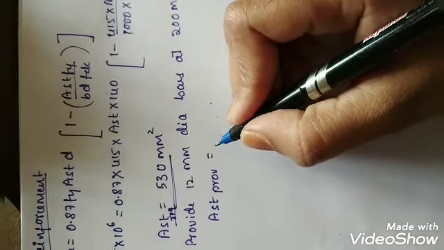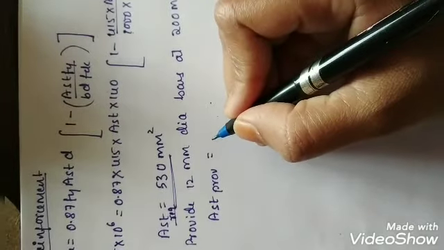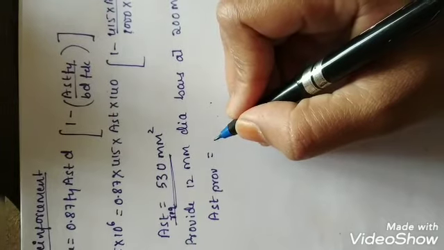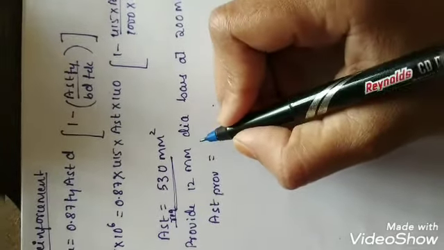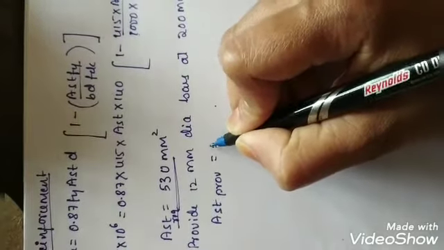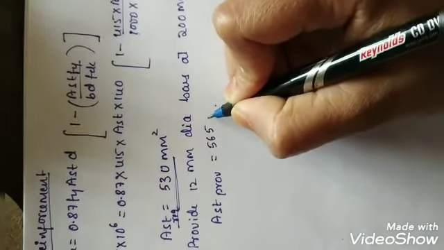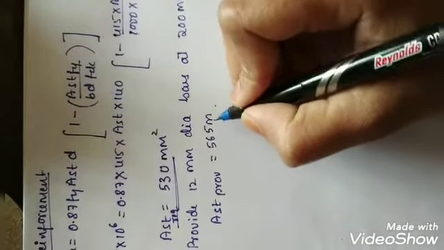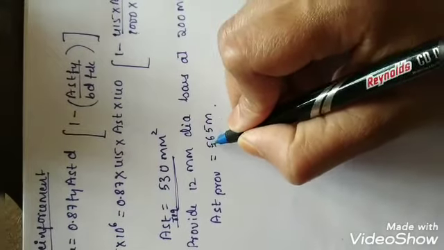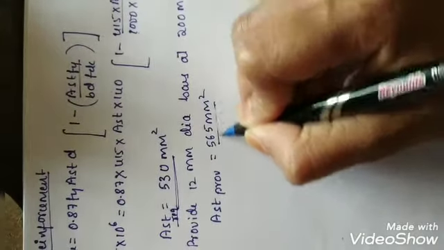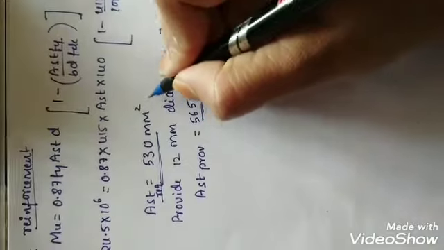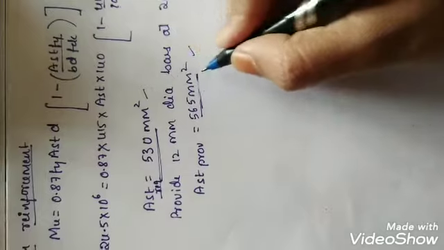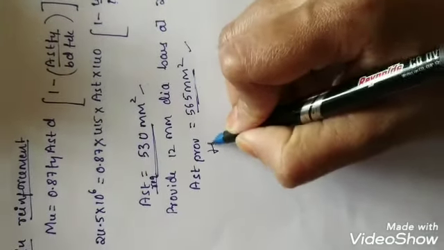So pi by 4 into d square, and divided by center distance, you will get Ast provided. We have solved this many times in the first and second module. Same procedure you can adopt here. We have got it as 565 mm square. So 530 mm square we required, and we have provided 565 mm square. It is more than that value, hence our design is safe.